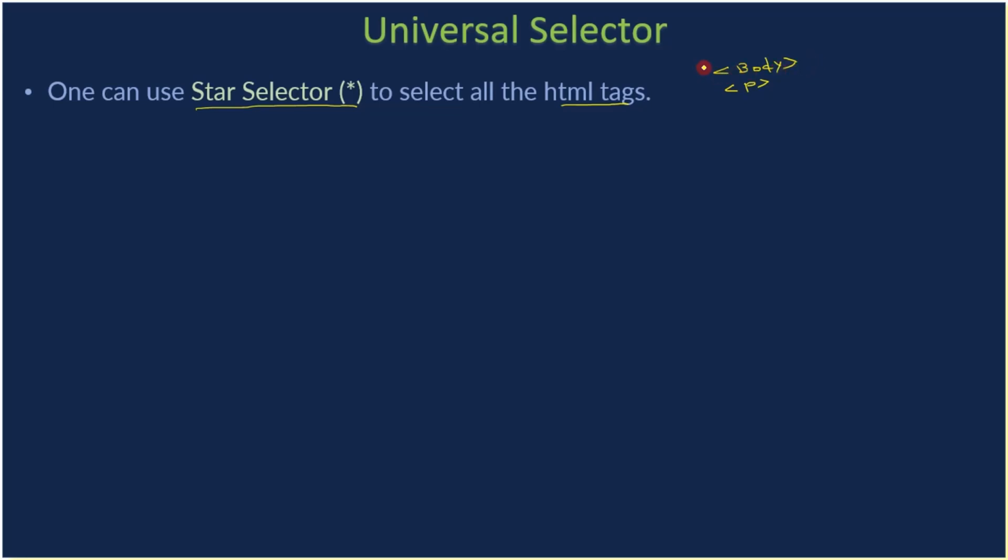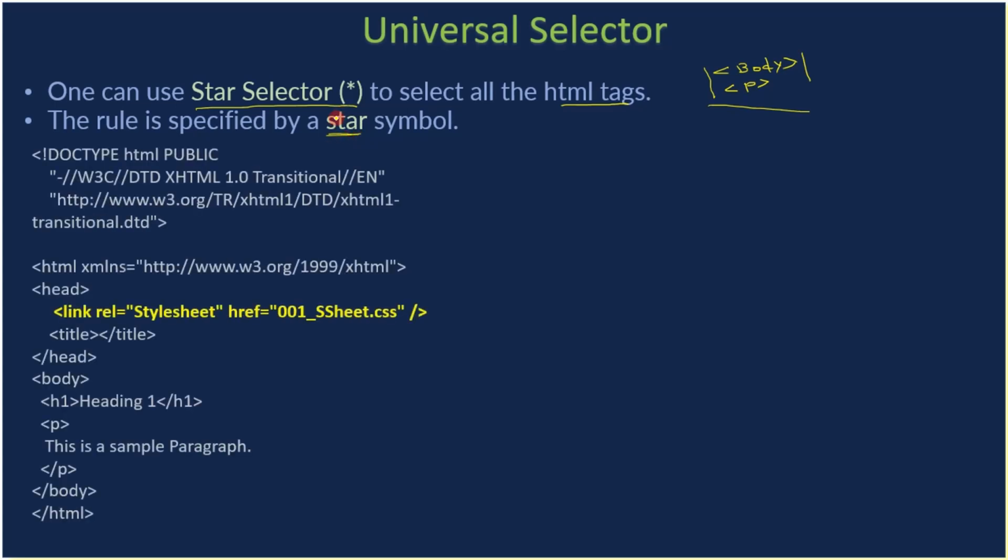So the concept of selecting a tag is called CSS selector. So using CSS selector, you can select a tag and apply a CSS rule to it. The rule is specified by star symbol here in the Universal Selector. And then we can apply the style to the selected tags.